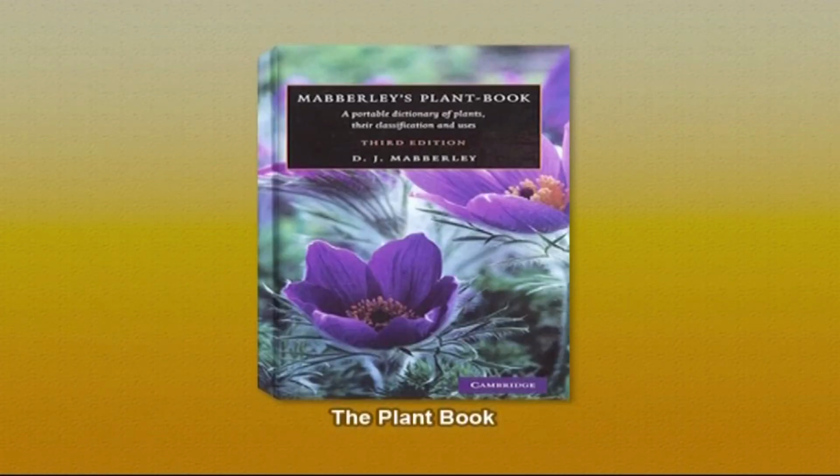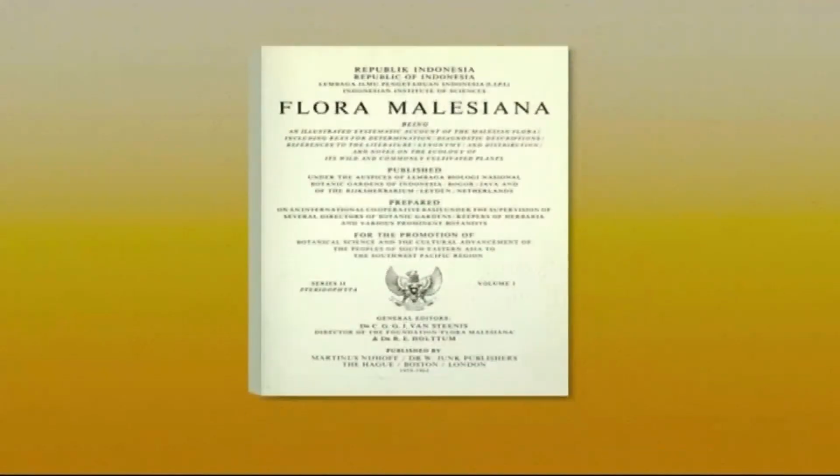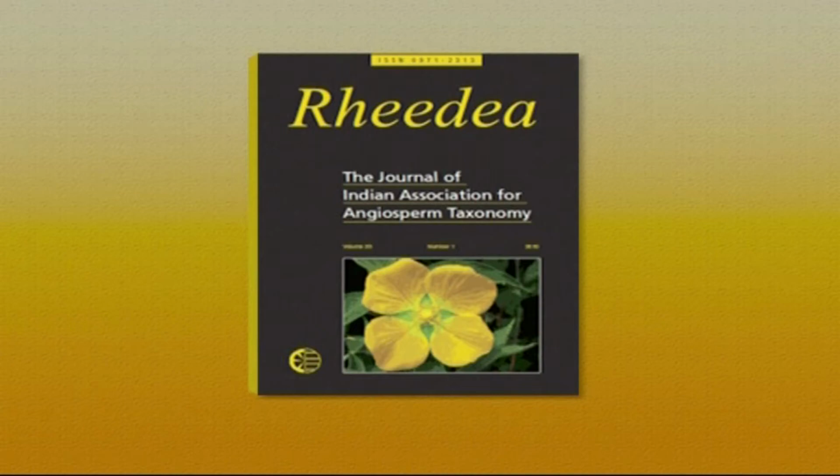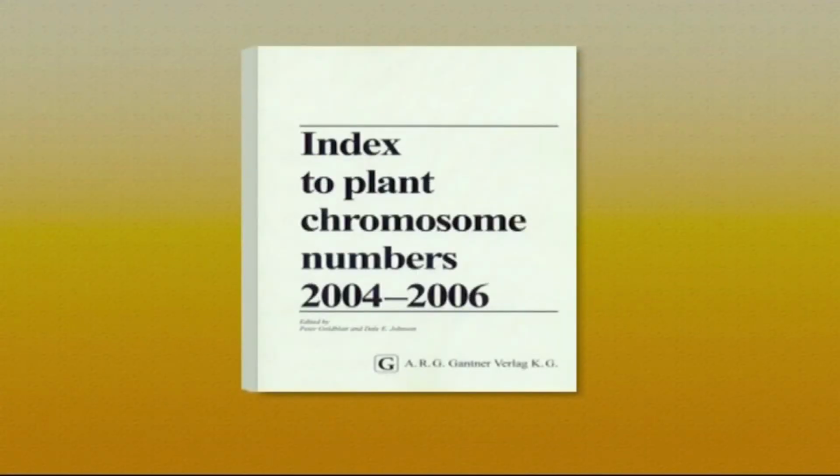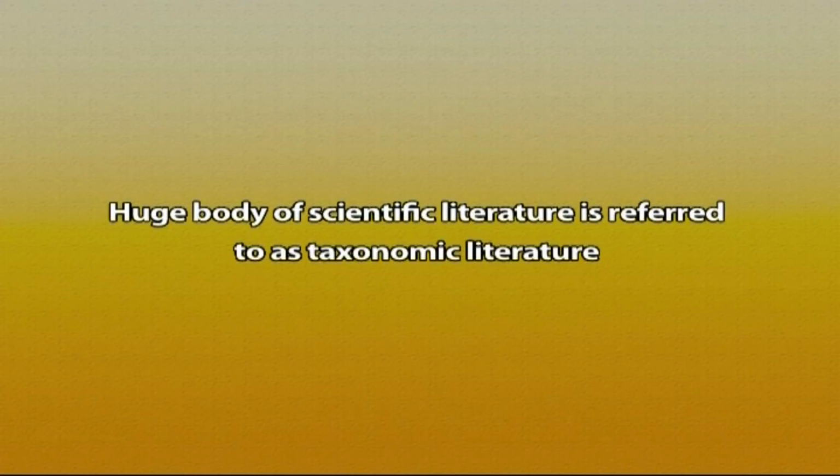Such a huge scientific literature which has been published in books, floras, journals, or even in the form of indexes, is an essential tool for the advancement of theory and practice of taxonomy. This huge body of literature is referred to as taxonomic literature.